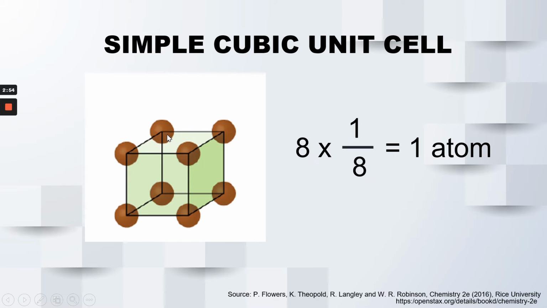You can see here, 1, 2, 3, 4, 5, 6, 7, 8. This atom is shared with 7 neighboring cubes that come together at the same point.